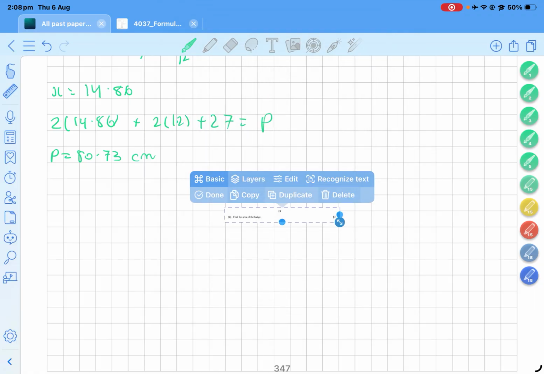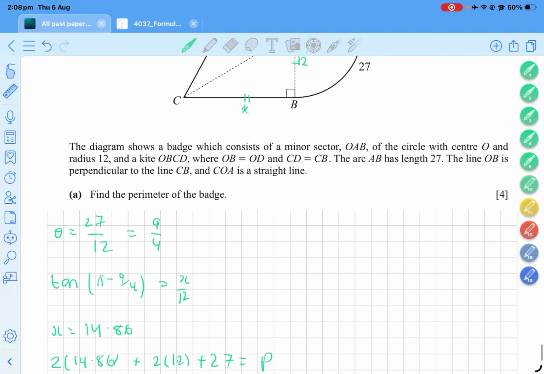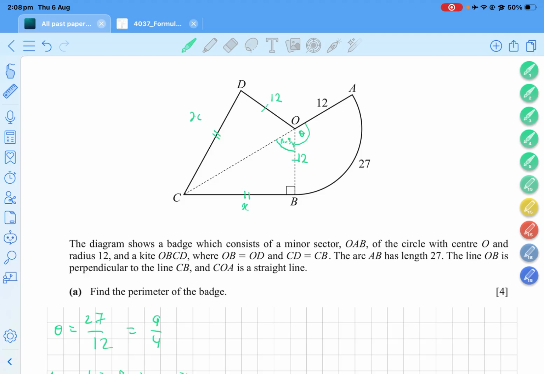Okay, then what is the area of the badge? Oh, this thing is a badge. What kind of badge looks like that? I mean, that is not a badge. That looks more like some structure made of Lego by a small 3-year-old child, maybe a 6-month-old infant.